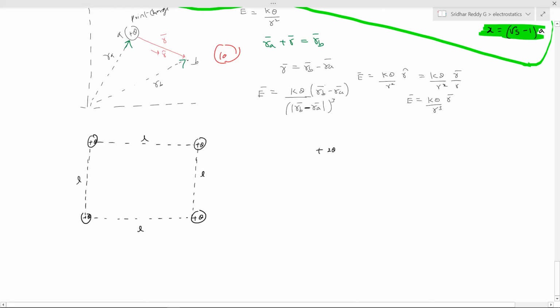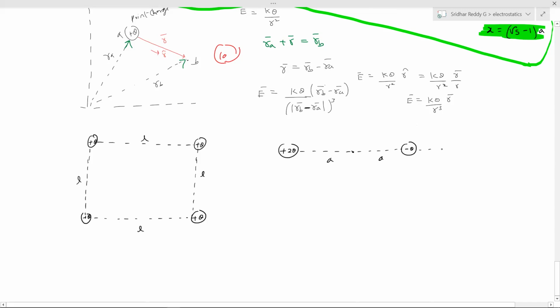So if it is plus 2q and minus q, what is the separation between them?